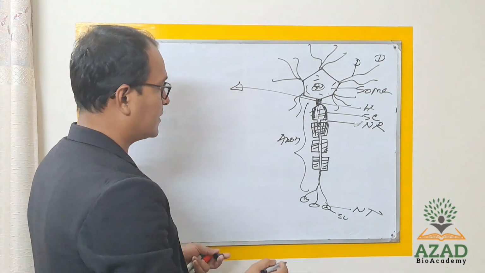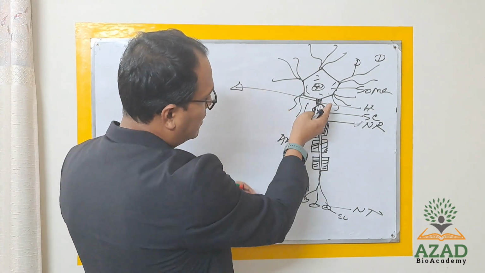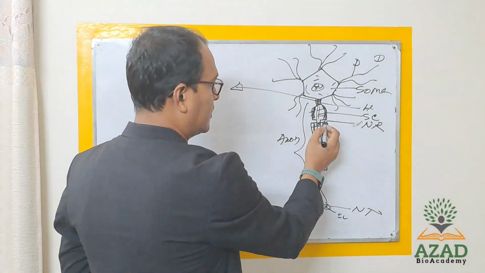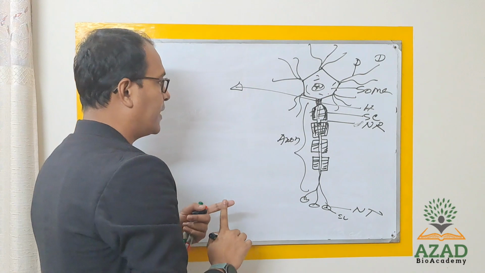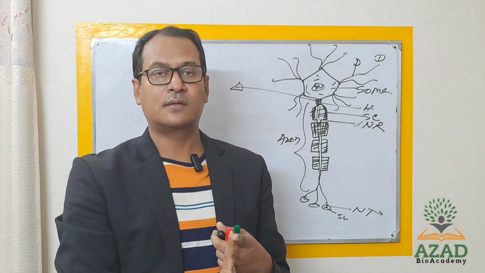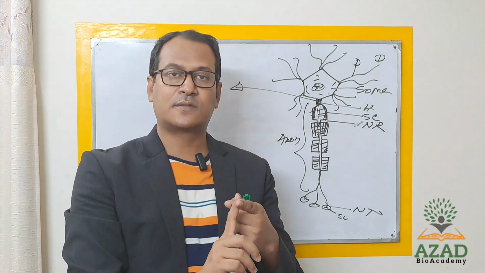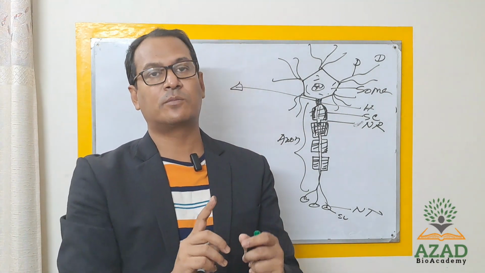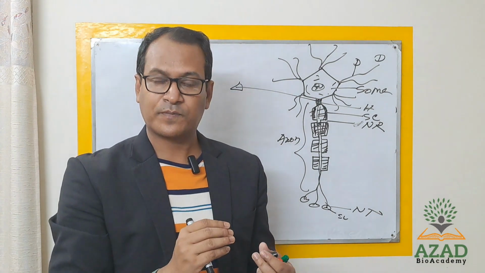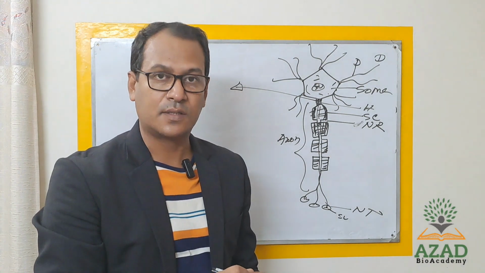Okay, and then the node of Ranvier, that means the gap between the Schwann cells. Within the gap, it is very rich in voltage-gated sodium and voltage-gated potassium. The leak channels and sodium potassium pump are also there, but ligand-gated ion channels are not prominent there.